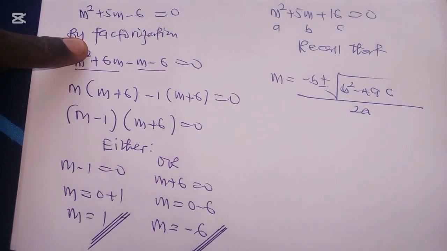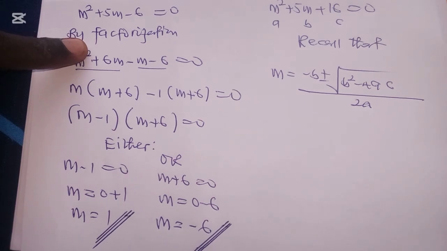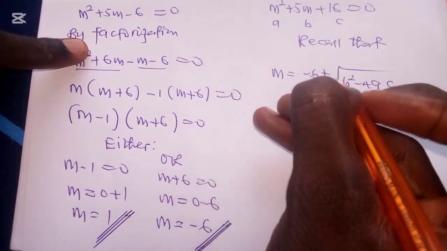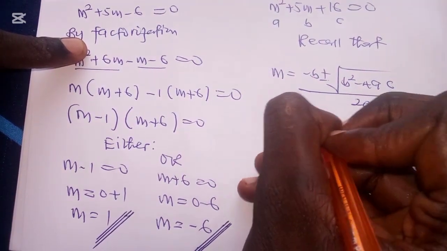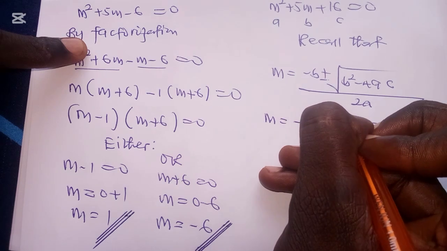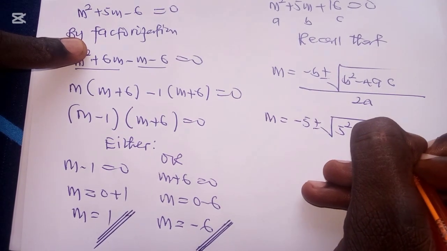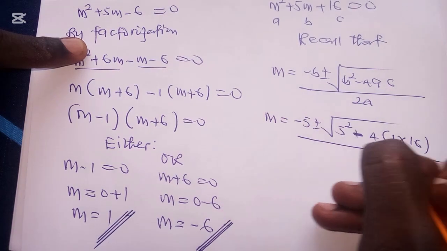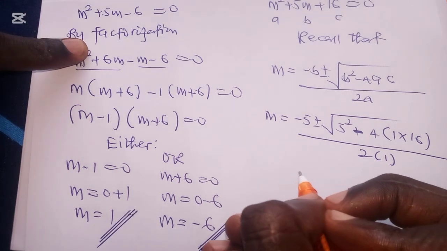So this is what we have to use. Then we substitute: m becomes minus b, and b is given as 5, so minus 5 plus or minus the square root of 5 squared minus 4 into a, which is 1, multiplied by c, which is given as 16, all over 2 into 1. Now from this point we simplify it.